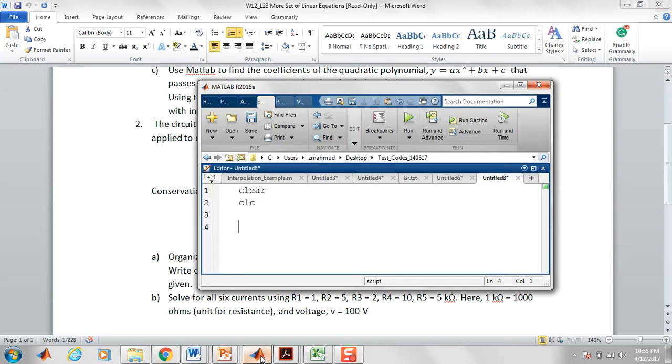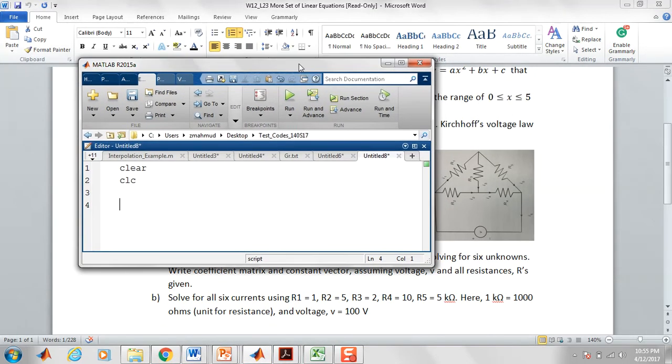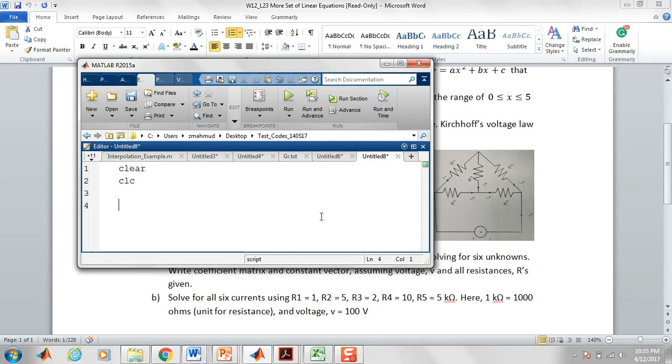So going back to Matlab now. So the very first thing you should do is write down all the R1, R2, all the resistors. So R1 is 1000, and then R2 is here, which is 5000. Then R3 is 2000.